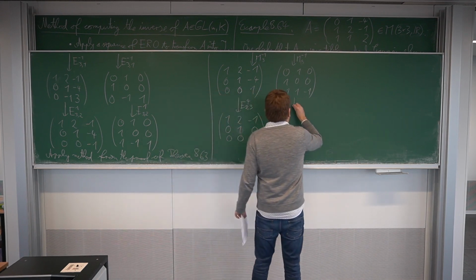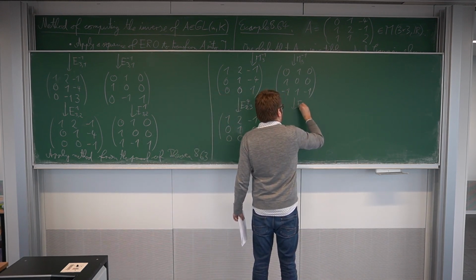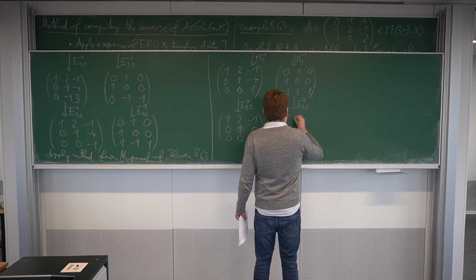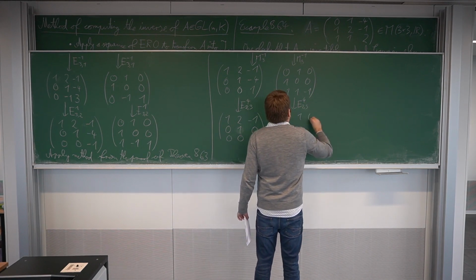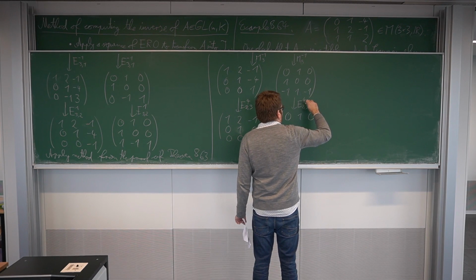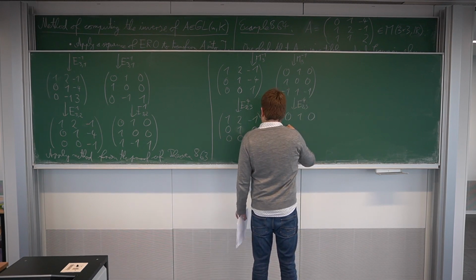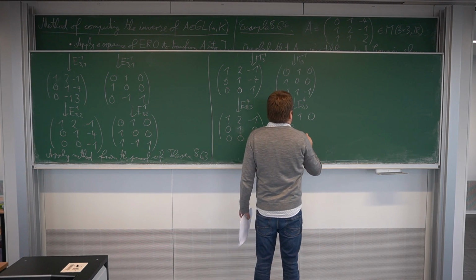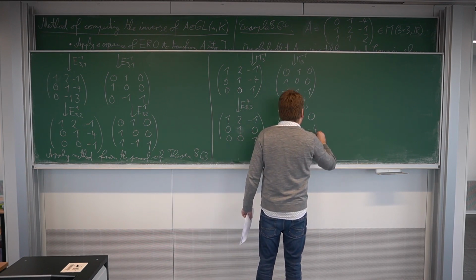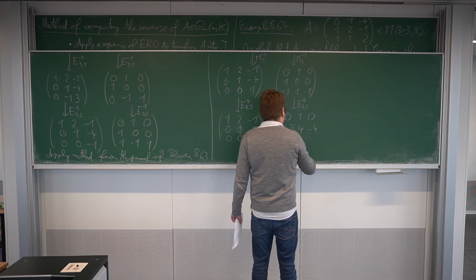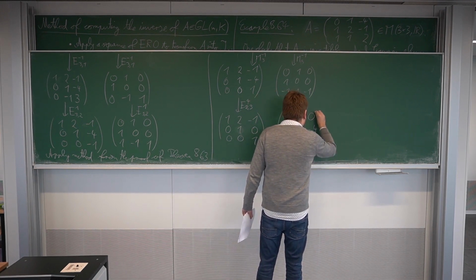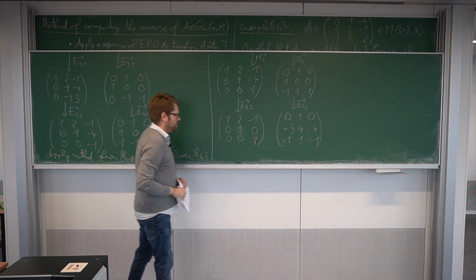And on the other side, we get 0, 1, 0, and now 4 times this added to this, which means we get -3, 4, and -4 in the middle, and the rest stays as it is. Okay, now we got there.